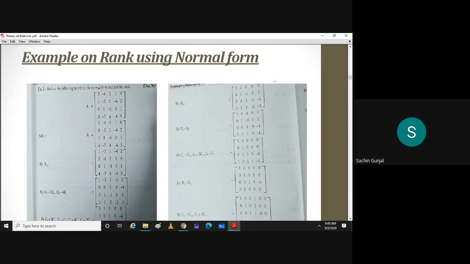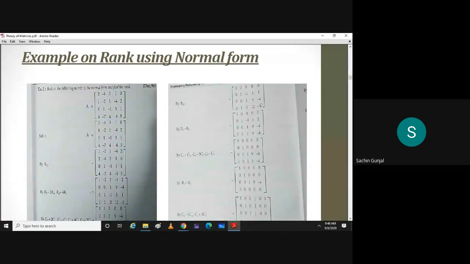So the matrix is, I'm reading row wise, 2 minus 4 3 1 0, then 1 minus 2 1 minus 4 2, 0 1 minus 1 3 1, 4 minus 7 4 minus 4 5.